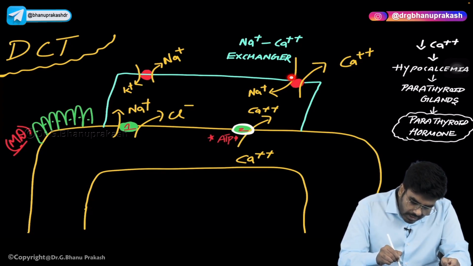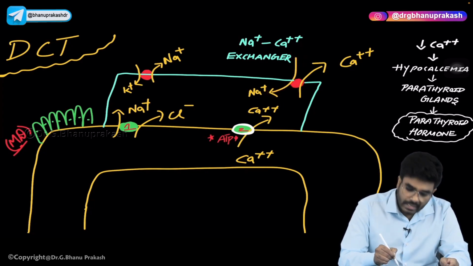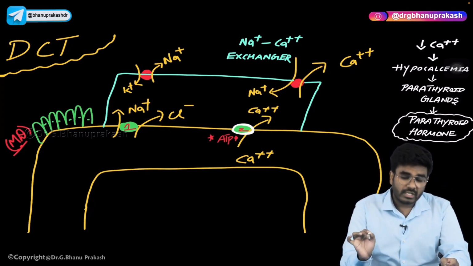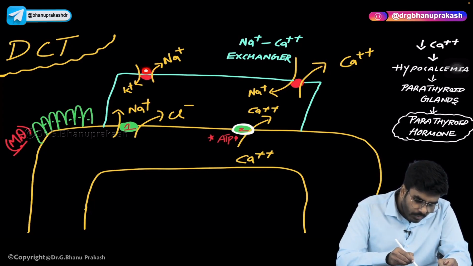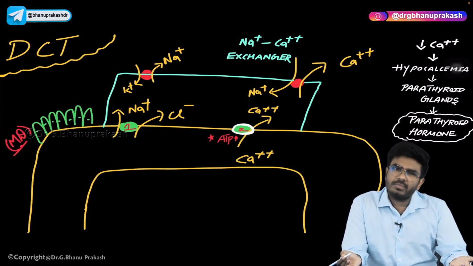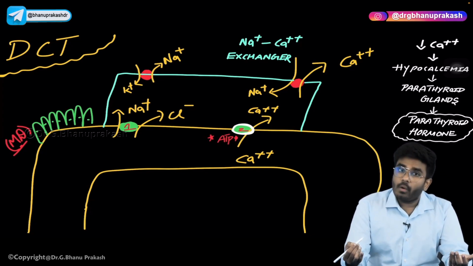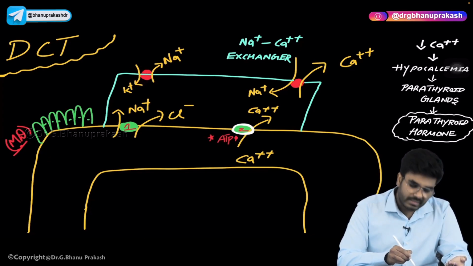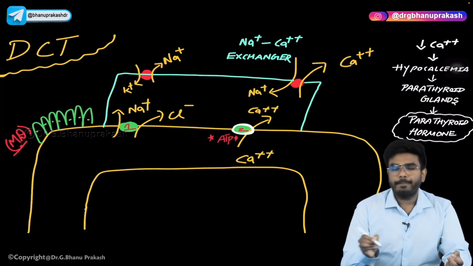Now the transporter number 3 is called the sodium calcium exchanger. It is bringing the sodium into the cell, throwing the calcium out of the cell. That's the third transporter. Now the fourth transporter is a common transporter which is present on each and every cell. What is it? It is the sodium potassium ATPase, throwing the sodium out and bringing the potassium in.